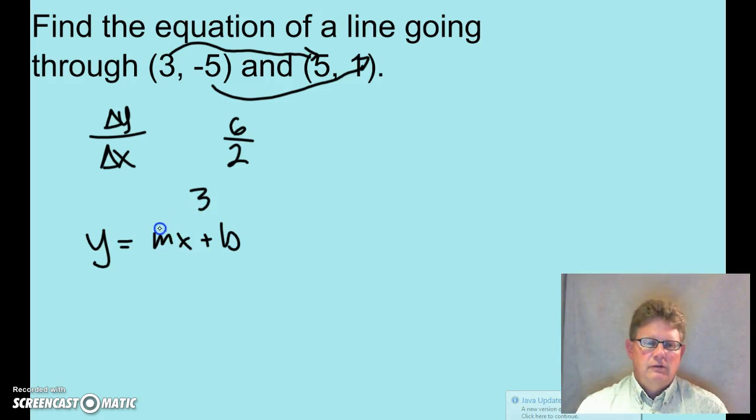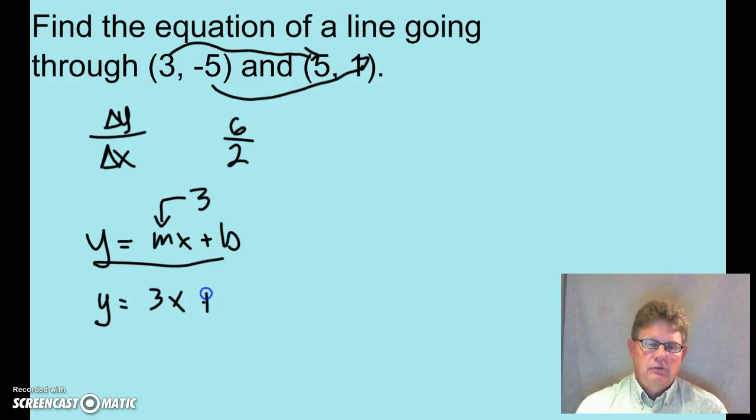Then we're going to use the line y equals mx plus b. We replace the m, the slope of the line. This is the slope-intercept form. We have to find the intercept, b, where the line crosses the y-axis. So y equals 3x plus b. Now pick one of these two points. I'm picking (5, 1), so I don't have to deal with negative numbers.